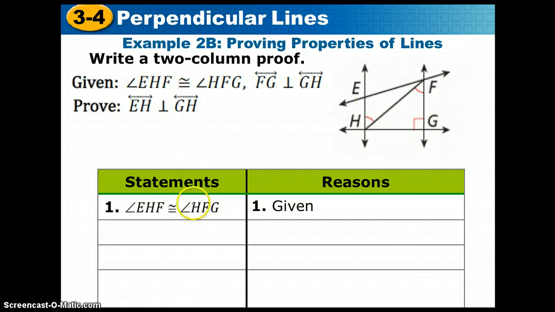So we're going to start off by stating just the first given so that we can make that connection to the alternate interior angles that we just talked about. If these two angles are congruent, that tells us EH and FG are parallel by the alternate interior angles converse.